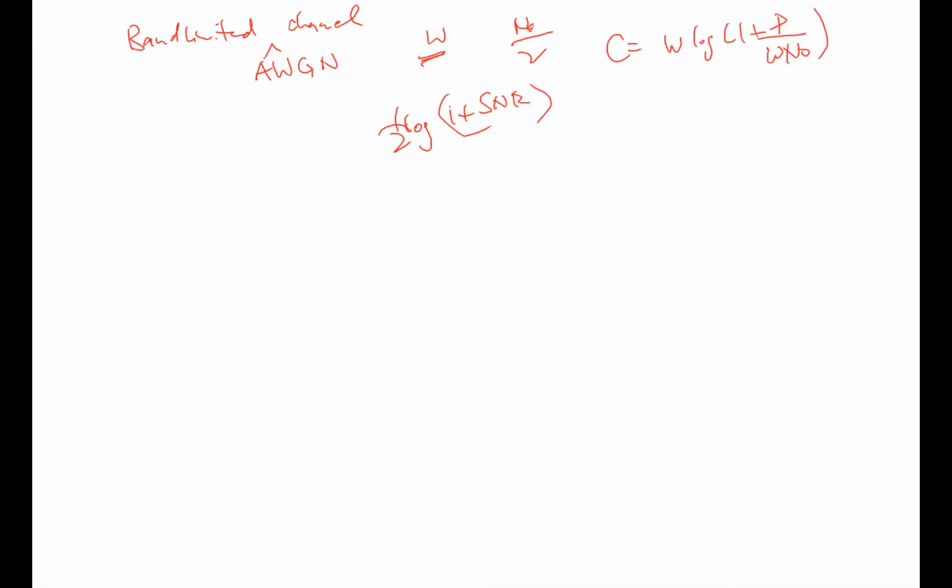By the way, do you still remember the Nyquist theorem when you have a band-limited channel with bandwidth W? Actually, I think it's usually framed another way: if you have a signal of bandwidth W, what will be the sampling rate?